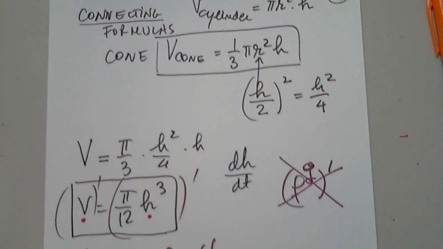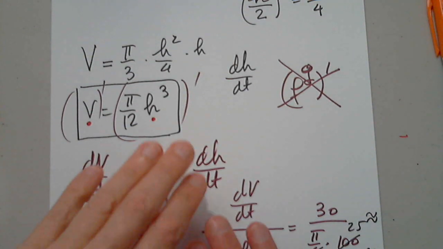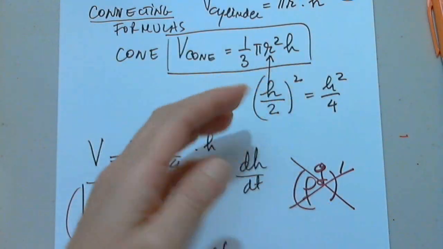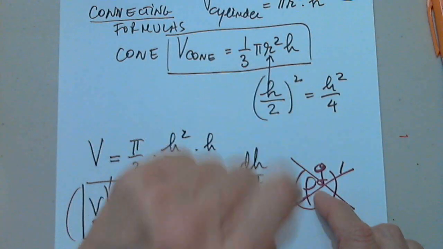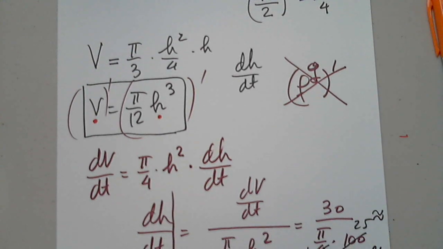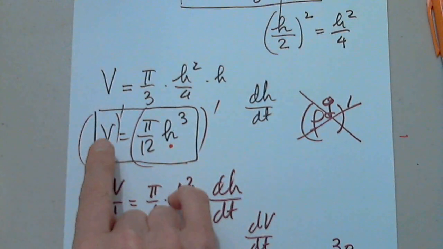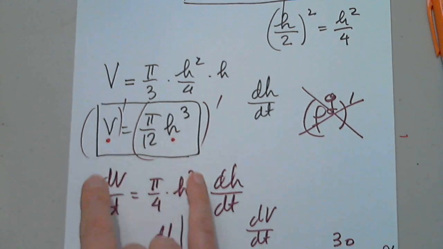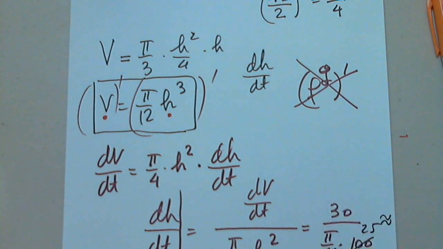So this was easier. We didn't have to create an equation. We had the formula for the volume of the cone. We only had to replace r because we have no knowledge about r. So we had to get rid of that because we needed only 2 variables, right? Two related rates. If I have the third one and I don't have any information about it, then I'll get stuck.